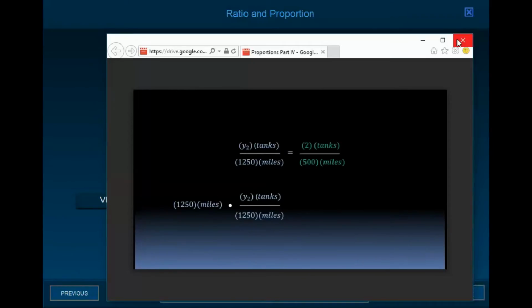And our rules tell us that we must do the same thing to the right-hand side of the equation. So the right-hand side of the equation must be multiplied by the same expression, in order to still have a true statement.